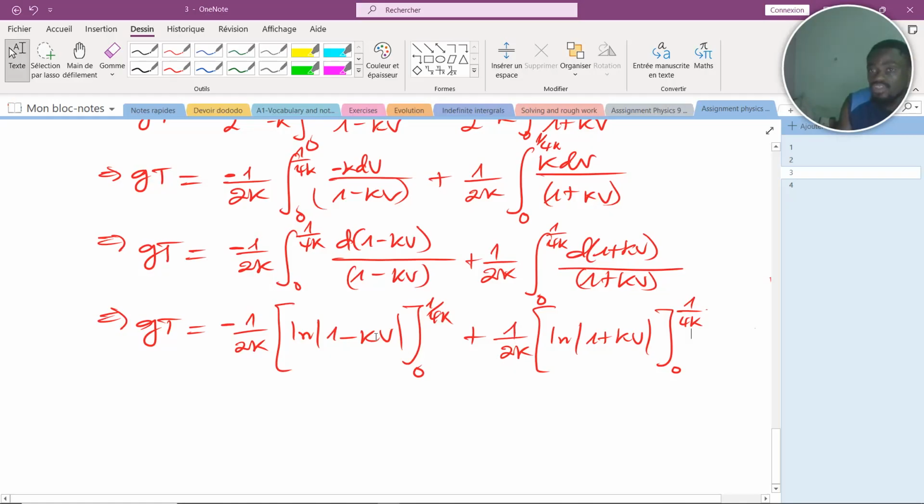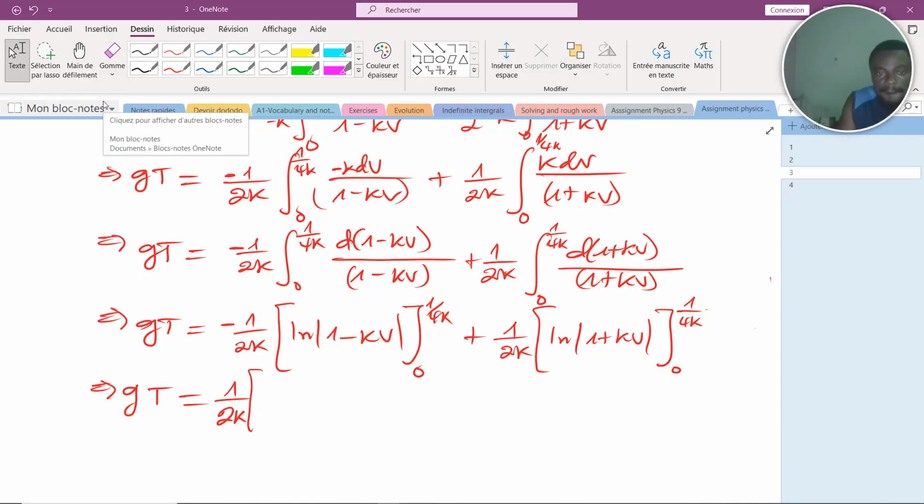I can directly substitute, it will give you the answer, but I want to arrange things first. So this implies g capital T. Let me factorize this and this one on the 2k. I'll have 1 on the 2k into what?